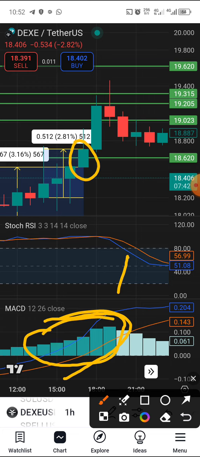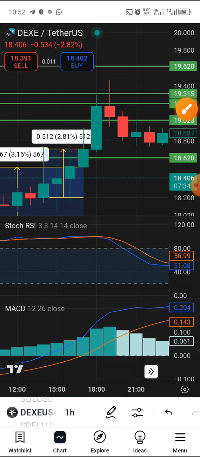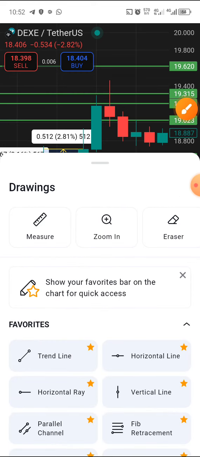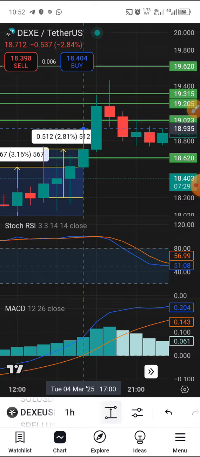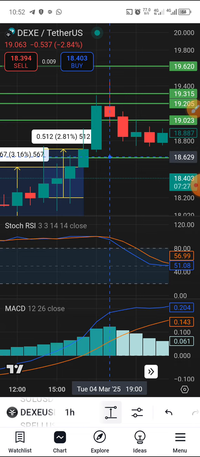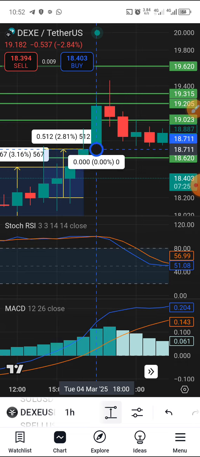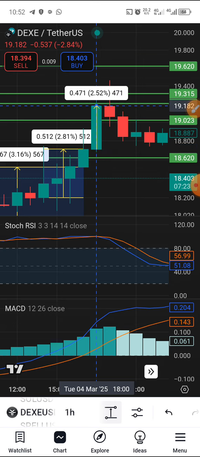So with this confirmation that the market is still going up, plus this breakout candle, you can decide to enter the trade again. So you come, you enter this trade at the opening of this candle here. Then you take your 2%.